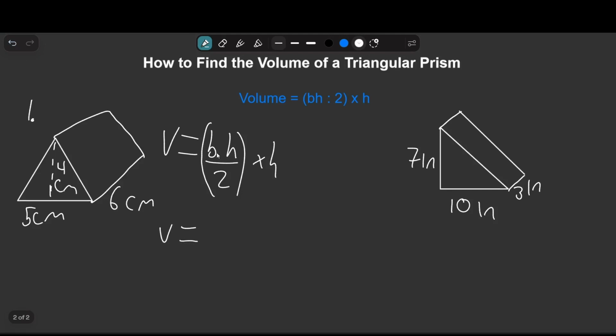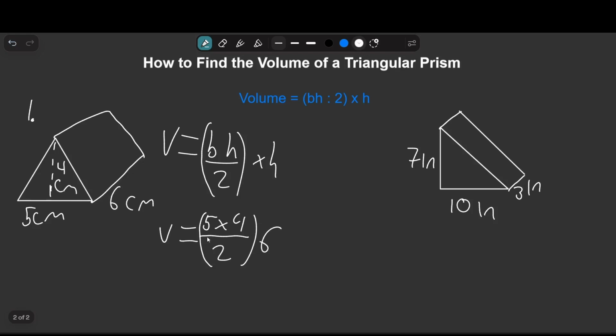Now let's just fill it in. So, our base is 5. Our base of the triangle is 5. So we do 5 times our height of the triangle, which is 4. Now, we divide this by 2, and after we divide it by 2, we have to times it by the height of the prism itself, which is 6.